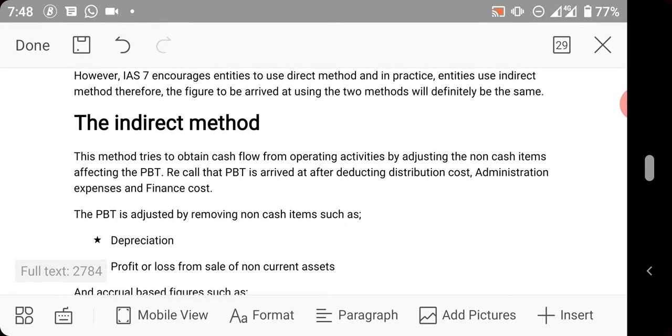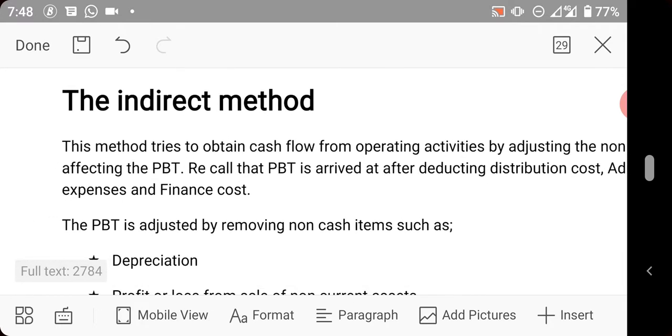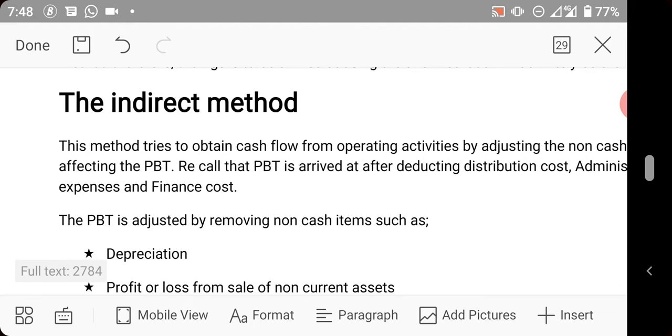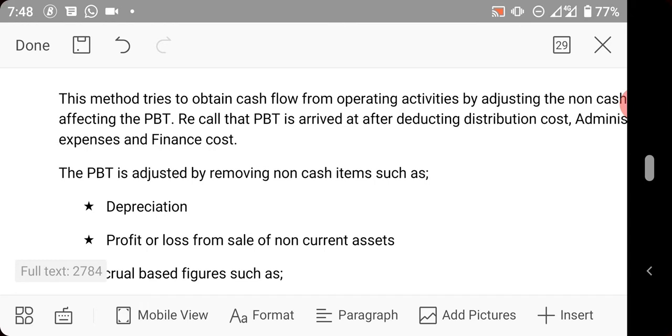The indirect method is a re-preparation of the statement of profit or loss using cash basis of accounting. That is what I always tell my students. So what we start with normally is to take the profit before tax and adjust the non-cash items.